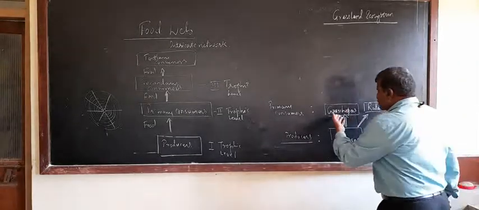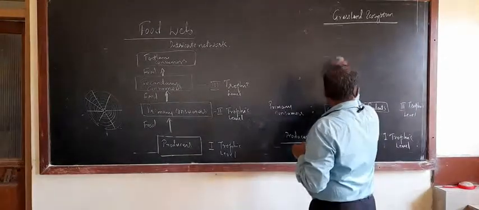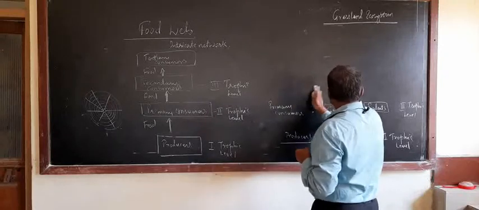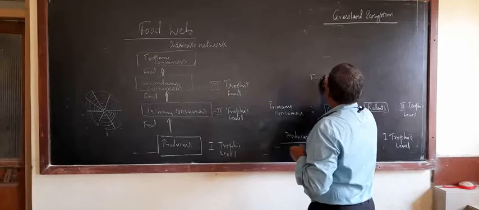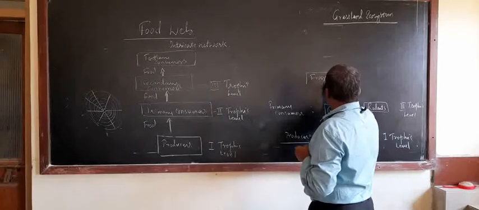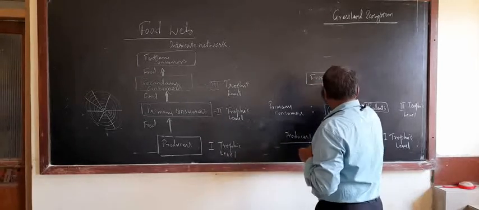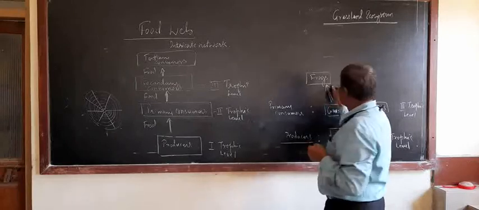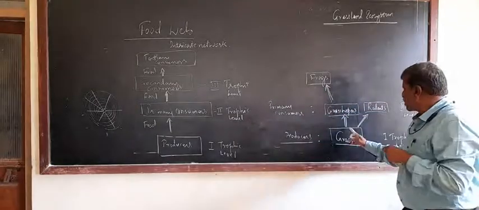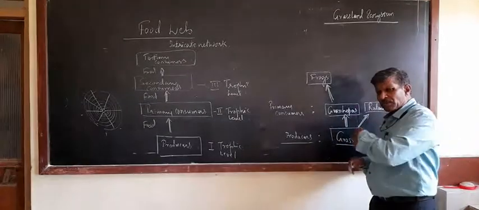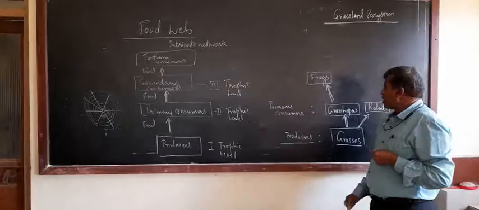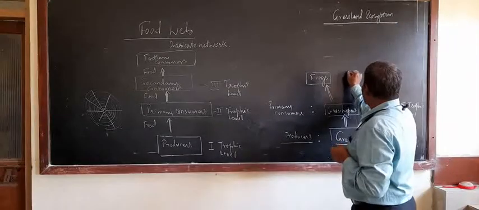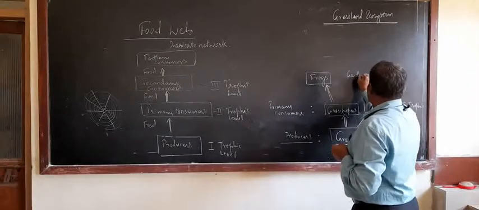Next, there in the grassland, maybe animals like frogs are present. Usually a frog derives its food from the grasshoppers. It feeds upon the grasshoppers and gets its food. Maybe sometimes garden lizards may also be present.